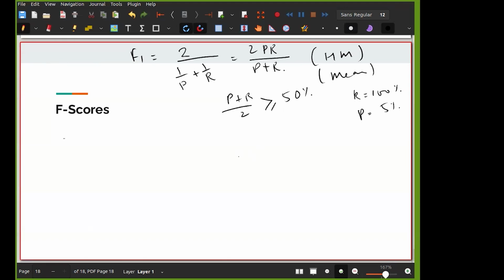Let's say I recall all the entries so that all my predictions y hat n equals 1 for all n. Then my recall in this case will be equal to 1.